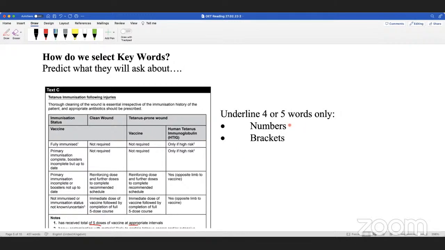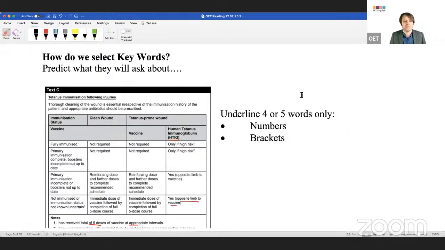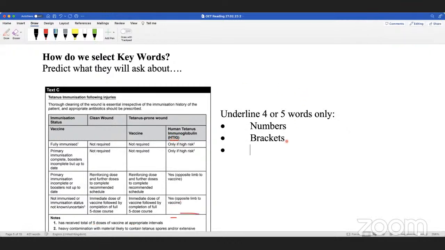Hussein, do you see any brackets here? Yes, opposite limb to vaccine, so I can underline that. And also HTIG. This is another good example, guys. Why is that a good keyword? Capitals, an abbreviation, yeah.